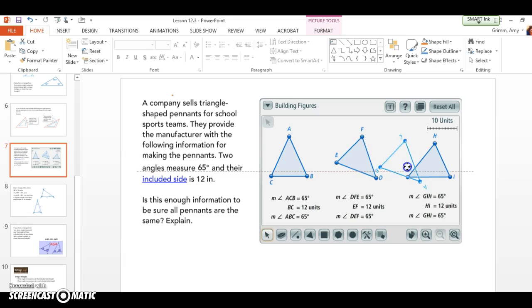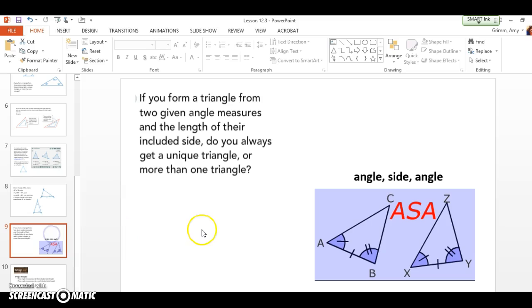Yep. See how I can pull that here? Is this one unique? Yes. They're all the same shape. They've just been turned and flipped and stuff. That's what a kid told me yesterday. That was my favorite answer. Yeah, and stuff. And I was like, yes, turned and flipped and stuff. That's exactly right. So what that is called is angle, side, angle.